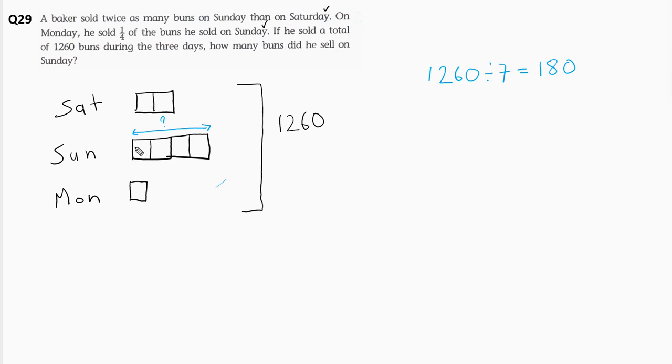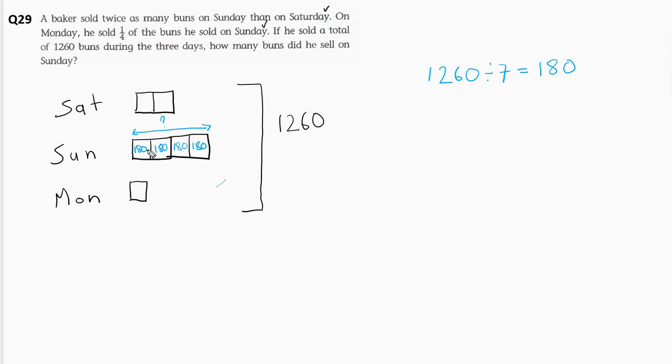So each of these represents 180. I'm just writing these ones in because they're the ones we're interested in, but that's also 180, as are these two. These are each 180.